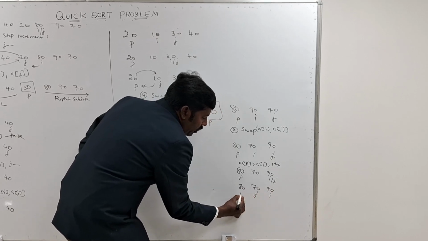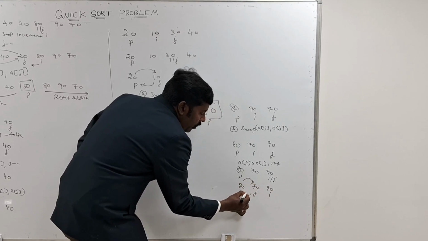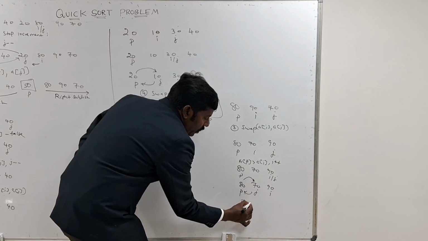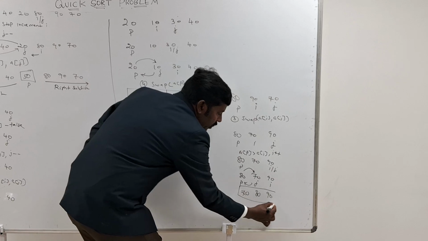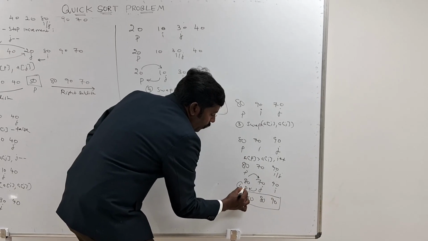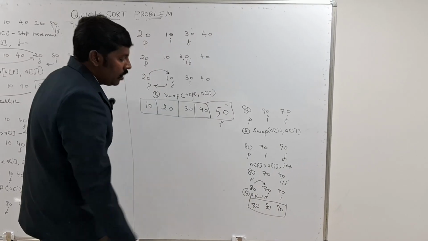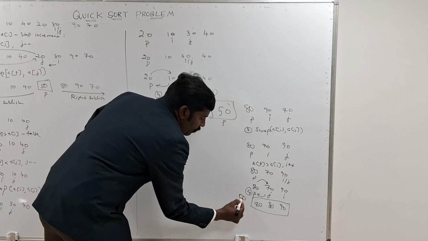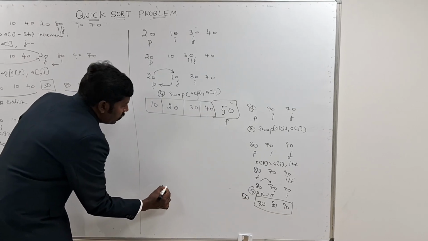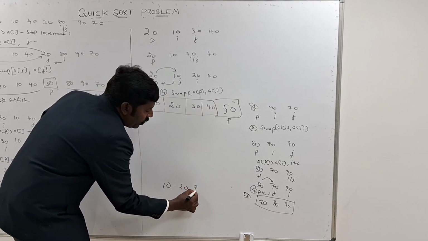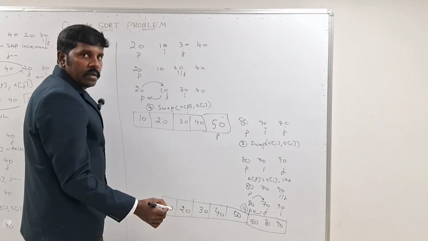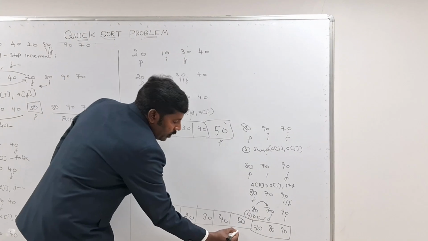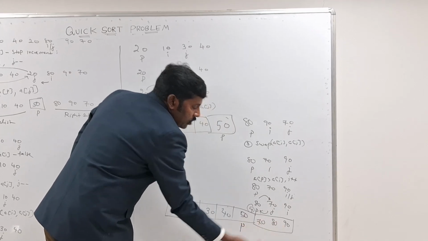When I crosses J, you swap I with the pivot: 70, 80, then 90. This is condition 4. So the right side sublist is also sorted. The pivot element is 50, the left side sublist values are 10, 20, 30, 40, and the left sublist is sorted, this is the pivot, and the right sublist values are also sorted.